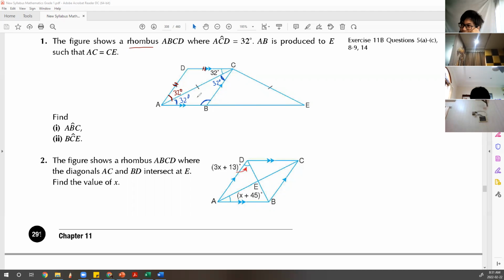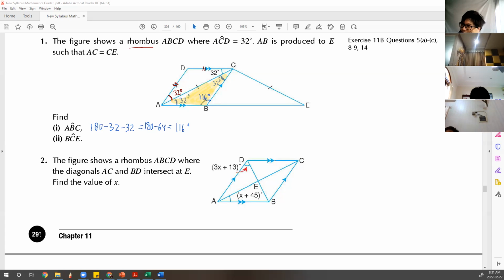Look at the triangle ABC, of course. This triangle. And it has to add up to 180, right? So 180 subtract 64, so 116 degree, right?